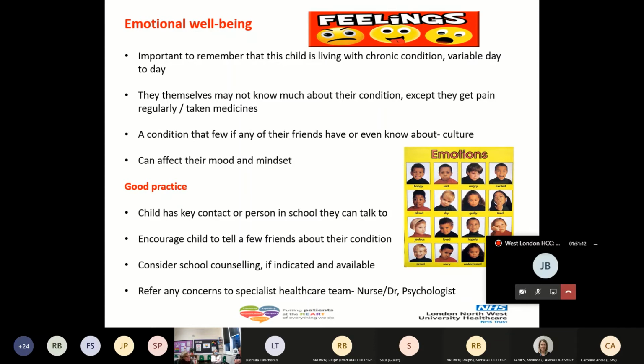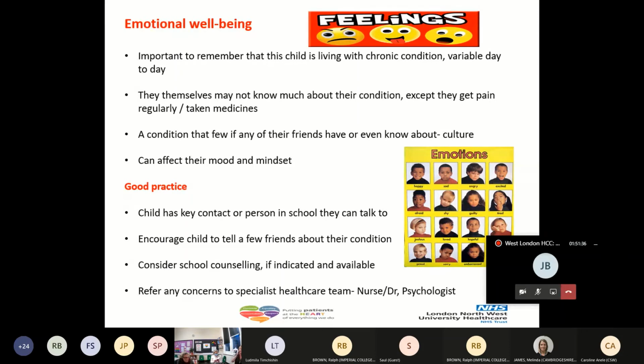Could be that Christmas is approaching and the children are getting excited. The excitement and the adrenaline could be enough to cause some more physical exertion, which then could result in them having a crisis. So it's important to bear that in mind. Could be that it's a condition that they don't know very much about themselves, and again that depends on the age of the child.